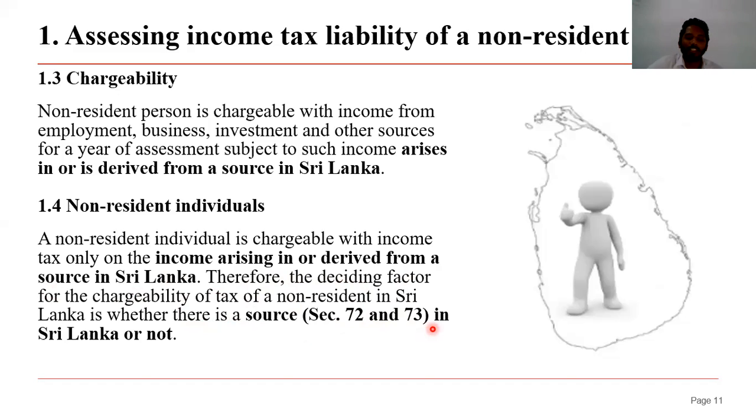It's simple. So it is business. If they are doing a business in Sri Lanka, they are liable. If they have interest income, unless it's specifically exempt, dividend, where there is also an exemption, royalty, any other technical fees, if they are earning, then they are also liable, since there is a source in Sri Lanka, because they are earning from Sri Lanka.